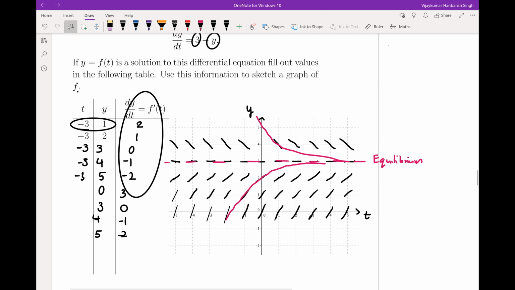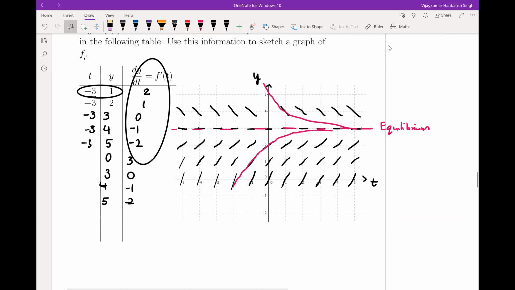So here, if y of 0 is 2, then you basically take this solution. This corresponds to y of 0 equals 2. This corresponds to y of 0 equals 5.